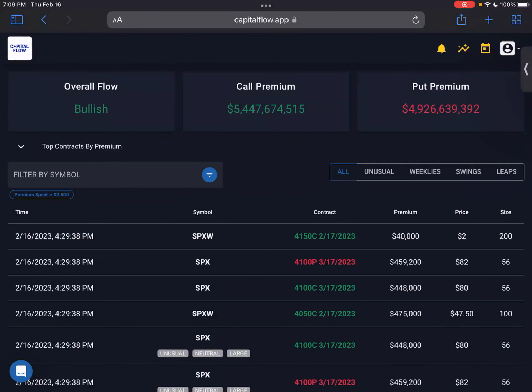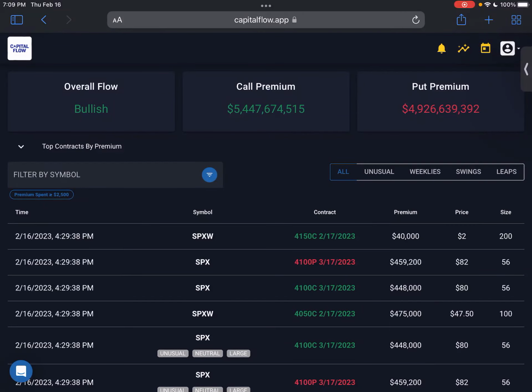But as the day continued on, that put premium continued to catch up. It didn't quite catch up to the call premium before it closed, so we did still end the day with bullish overall flow. So that's one thing to keep in mind. If you come in the market right at the open, you'll be able to see exactly what the overall flow is from that moment, right?